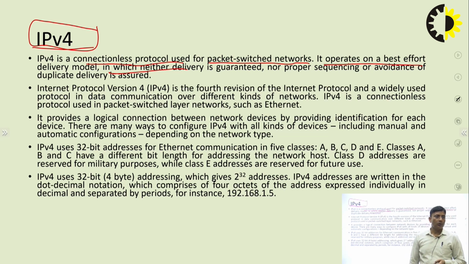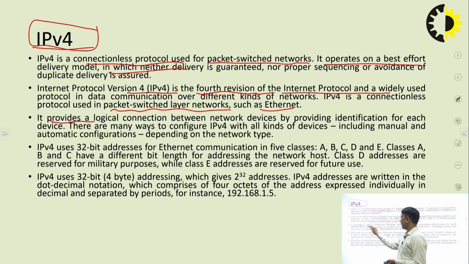Internet Protocol version 4 is the fourth revision of the Internet Protocol and a widely used protocol in data communication over different kinds of networks. IPv4 is, as we know, connectionless, and it is used in packet switched networks like Ethernet.